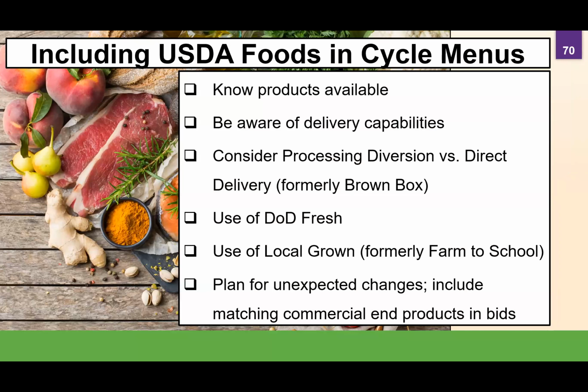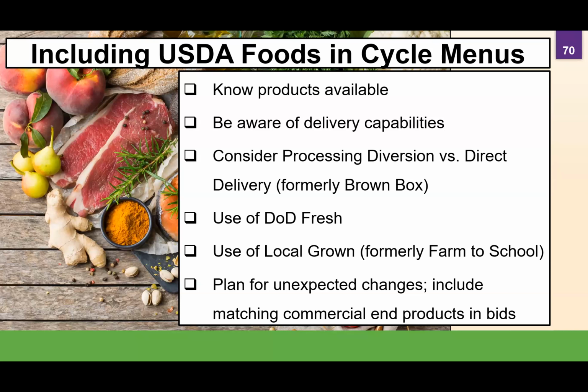Be aware of delivery capabilities. Consider your processing diversion versus direct delivery or brown box. So meaning, is this something that I have to have processed, or can I get it just as a direct delivery form? Maybe it's diced chicken. Instead of sending a whole chicken to a processor, maybe I can already get the diced chicken through a direct delivery and bypass that processing step.